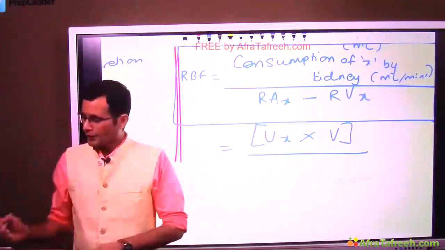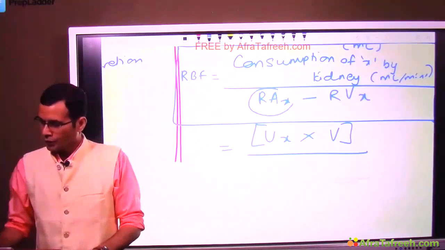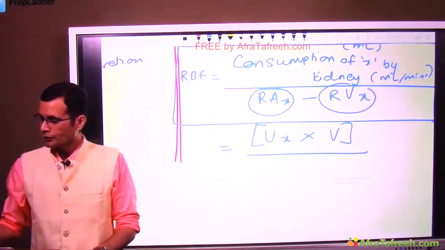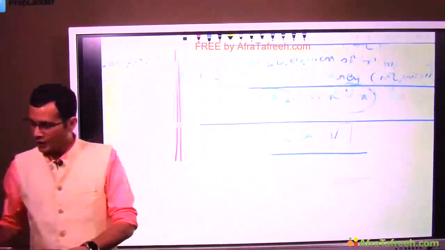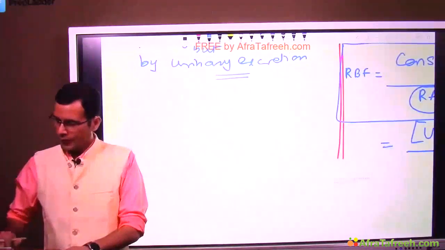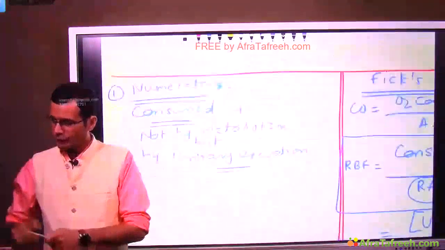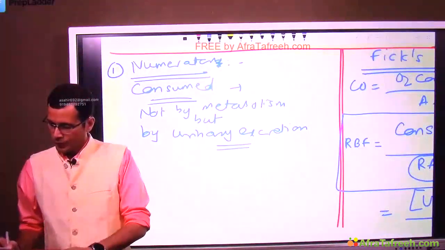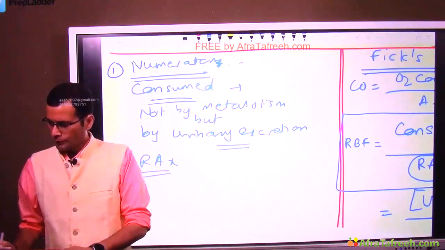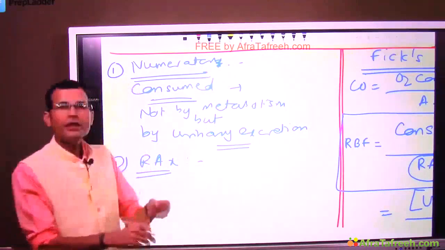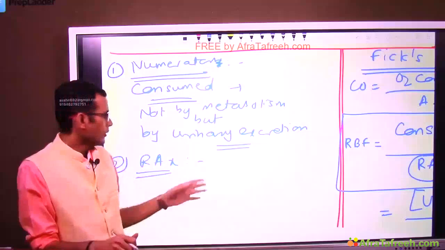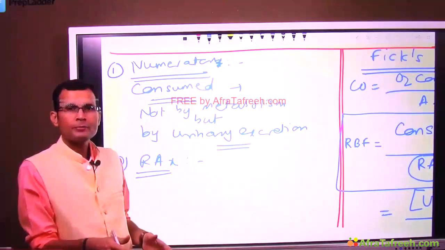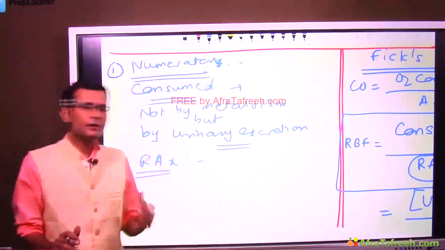Now come to the denominator. Renal artery concentration will be required, renal venous concentration will be required. Let's take renal artery concentration, and there is a second criterion for X. Look, accessing the renal artery to collect the sample for the concentration of X is a very tough task.